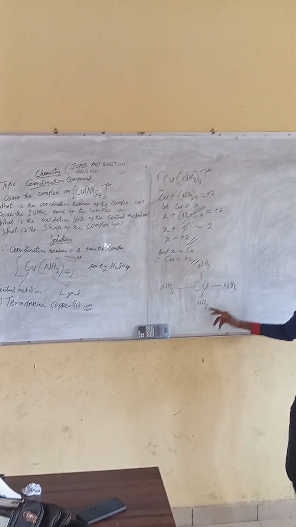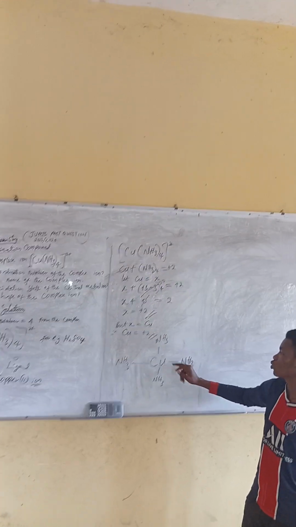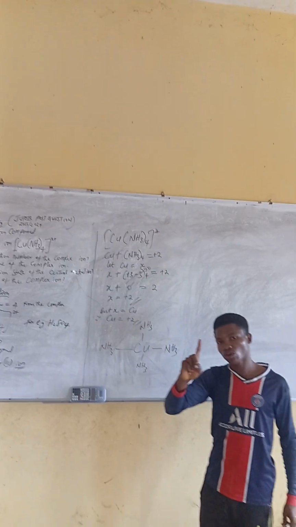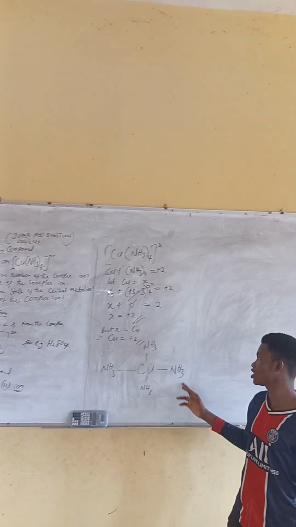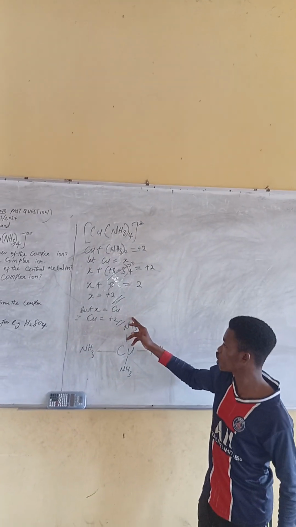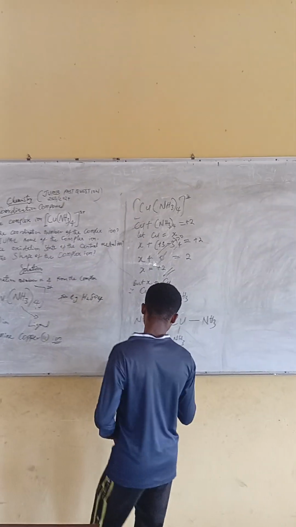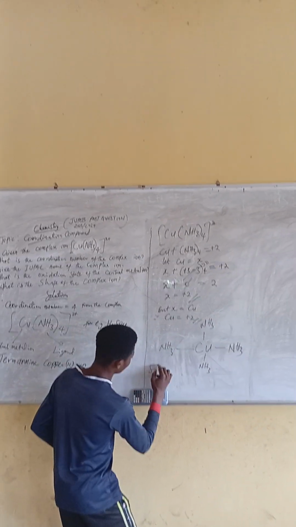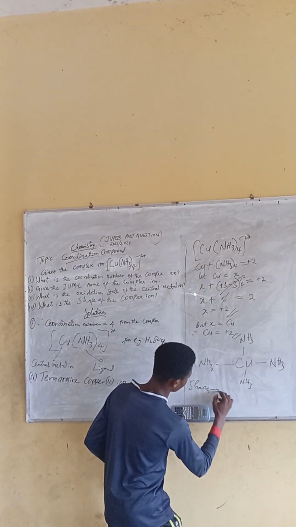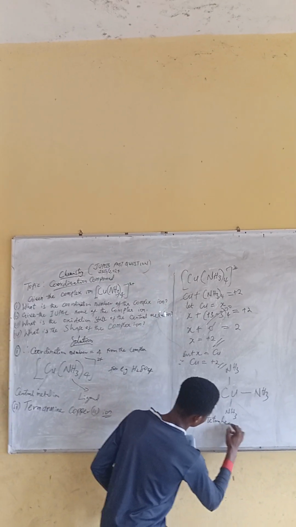It's complete. So if you want to know the shape of this guy, because you are having 1, 2, 3, 4, remember, carbon is tetravalent. So if you look at this, it is a tetravalent molecule. So you can say this shape is called tetrahedral. We call the shape tetrahedral.